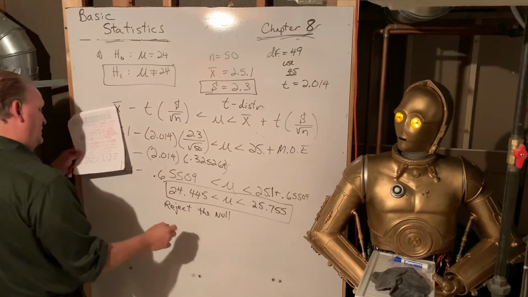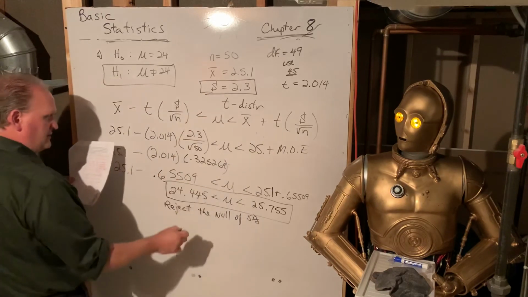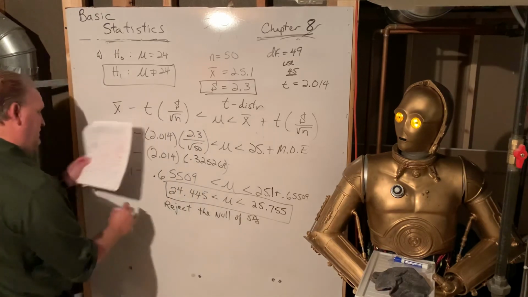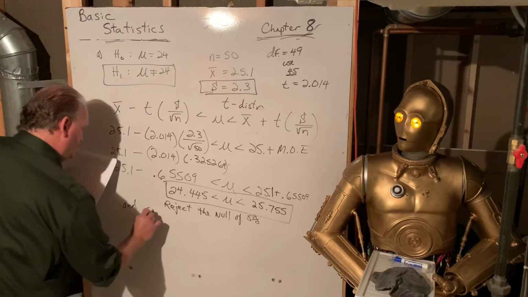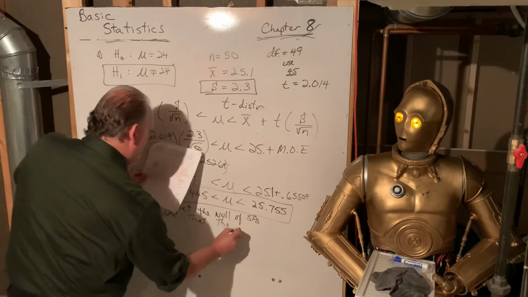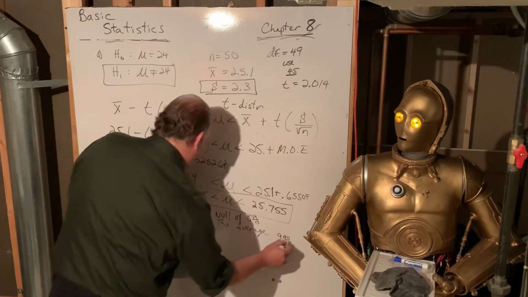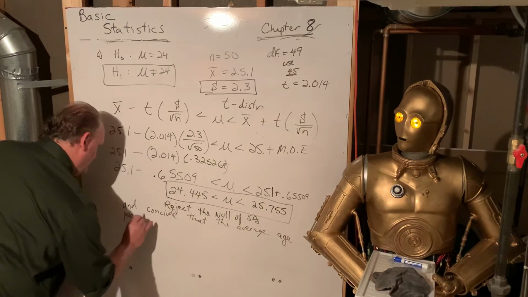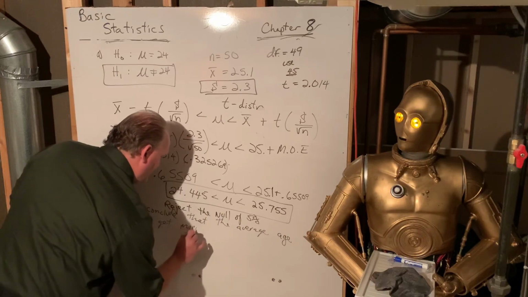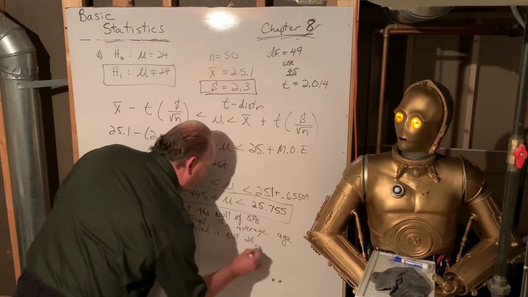So we reject the null at 5% because it was a 95% confidence interval, and conclude that the average age people get married is not 24. Be careful.